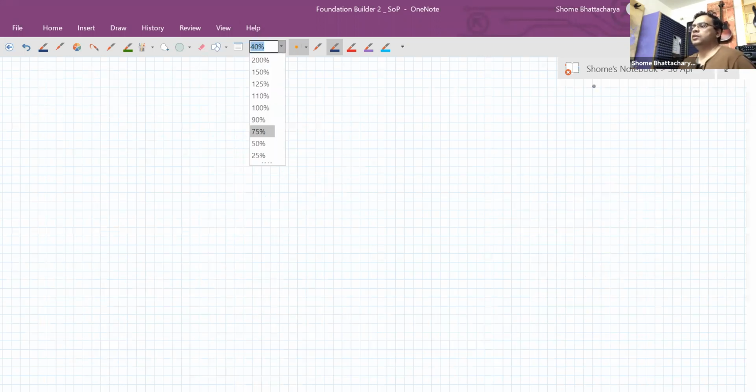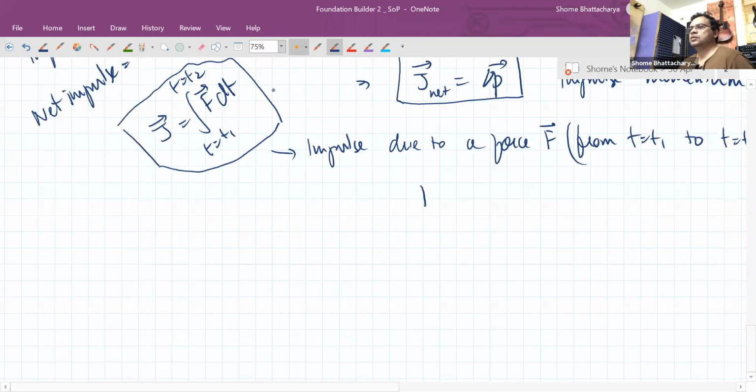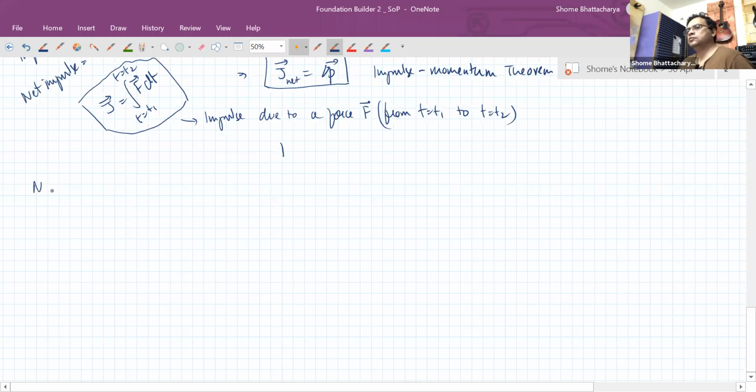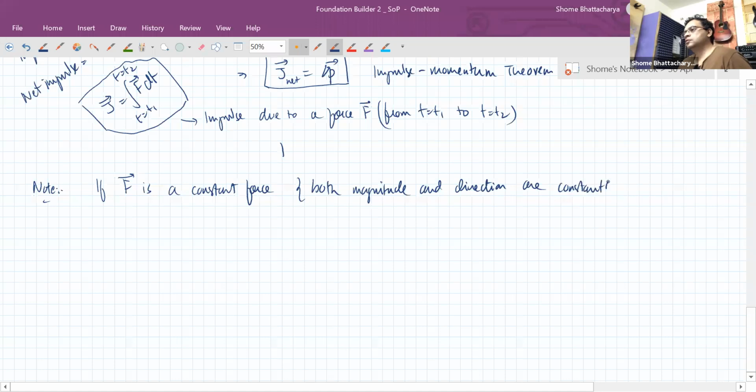Okay, now one final thing about impulse before we come back to collisions is that if F is a constant force, that is both magnitude and direction are constant, then impulse due to that force, which is integration of F dt from t1 to t2, will simply become F into integration dt, or it will become F into (t2 minus t1), or F delta t.